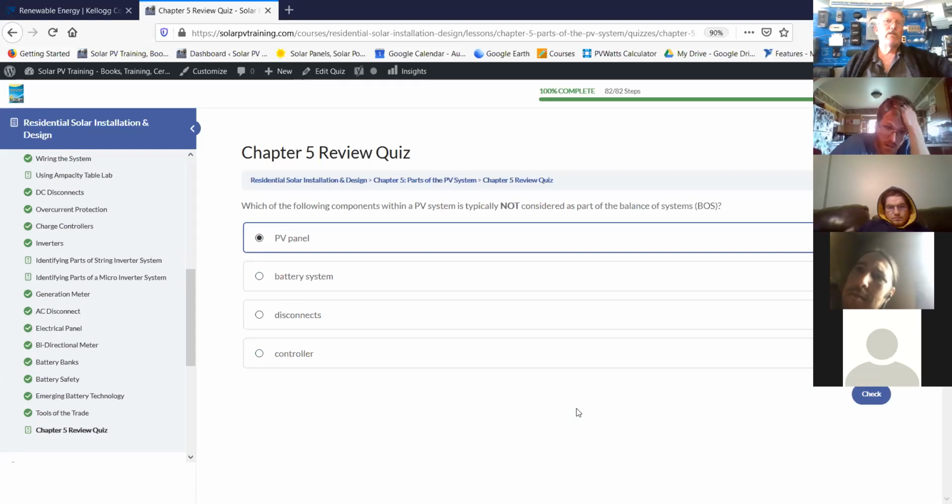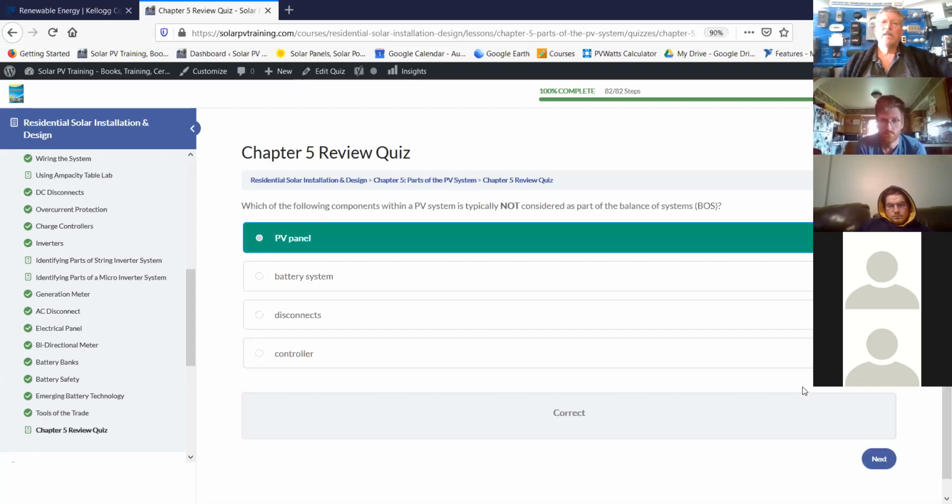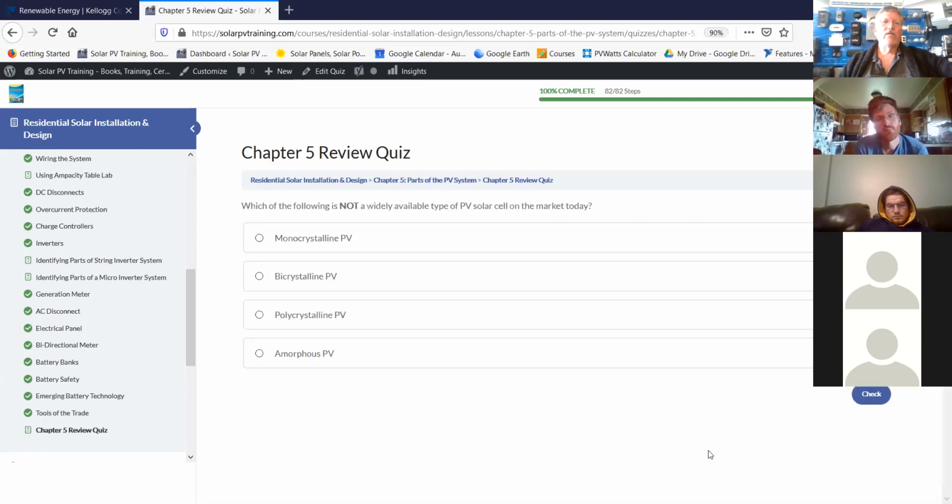Then we usually further subdivide that into the electrical balance of systems and the structural balance of systems. Electrical balance of system might be the wire, the conduit, the disconnects, whereas structural might be the racking, any trenches that you're digging, anything like that that's a support system. Again, you're learning a new language through here.